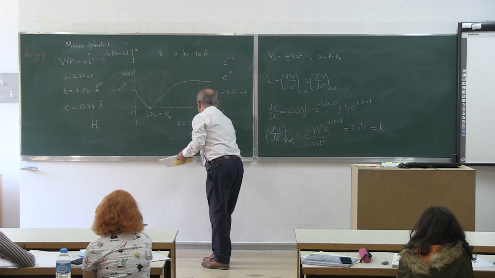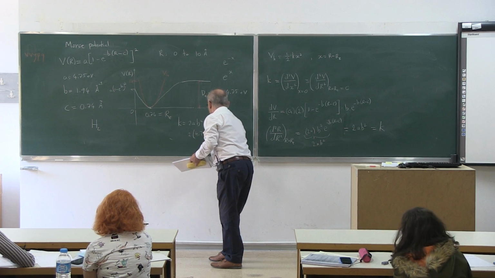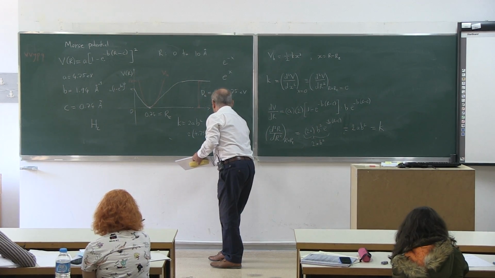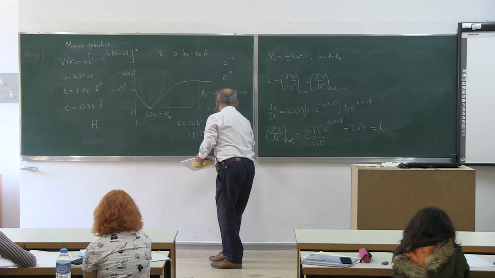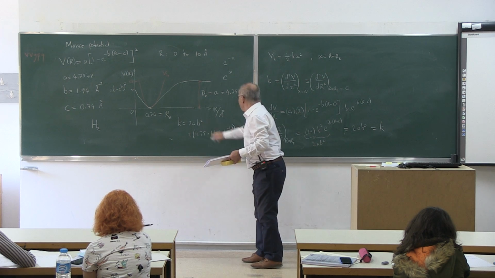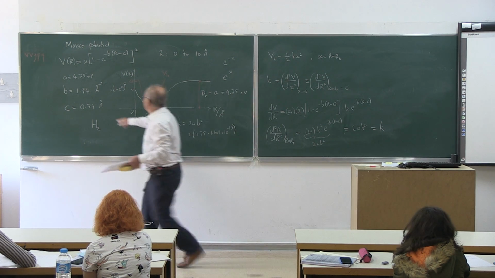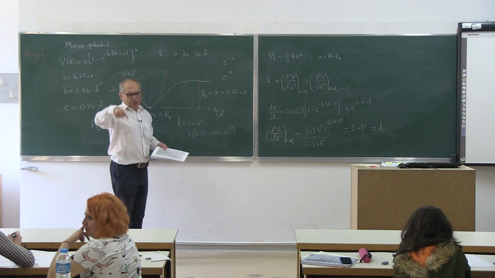So this is 2 times 4.75 times 1.602 times 10 to the minus 19. This converts it into joule. Multiply with b squared. b is 1.94 per angstrom.